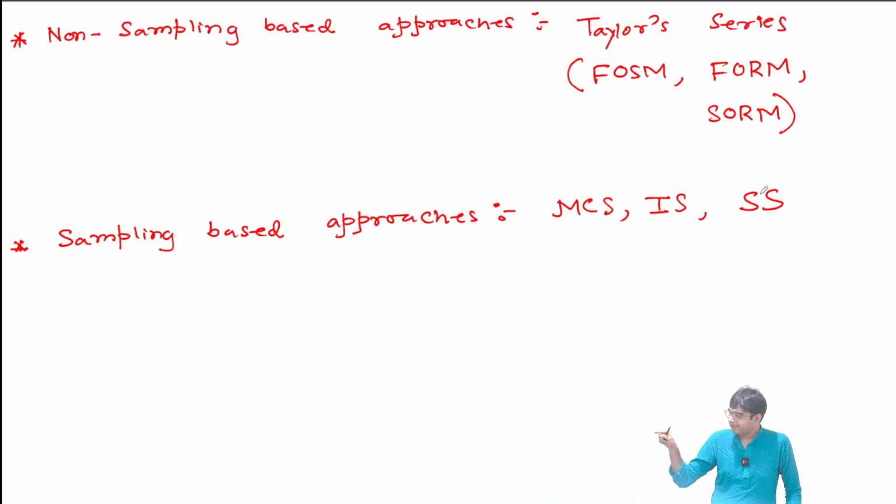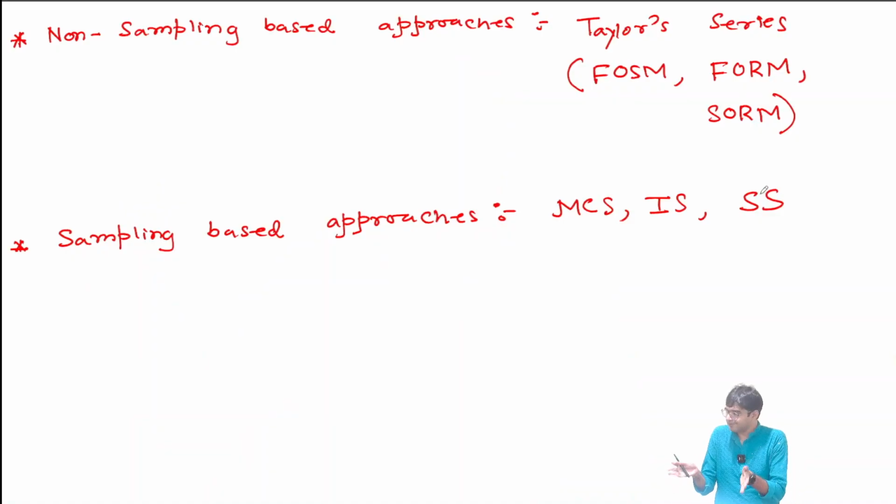For example, there is something known as the directional simulation. There is something known as the Latin hypercube sampling. And both of these can be used for finding out the probability of failure as well. But we will not be discussing either of these. We will not be talking about Latin hypercube sampling, and we will not be talking about the directional simulation, primarily because the idea of this course is to introduce you to the approaches and introduce you in depth to some of the approaches.